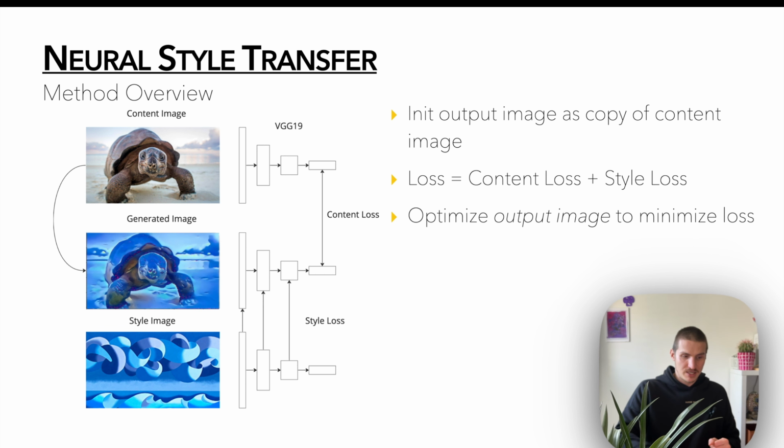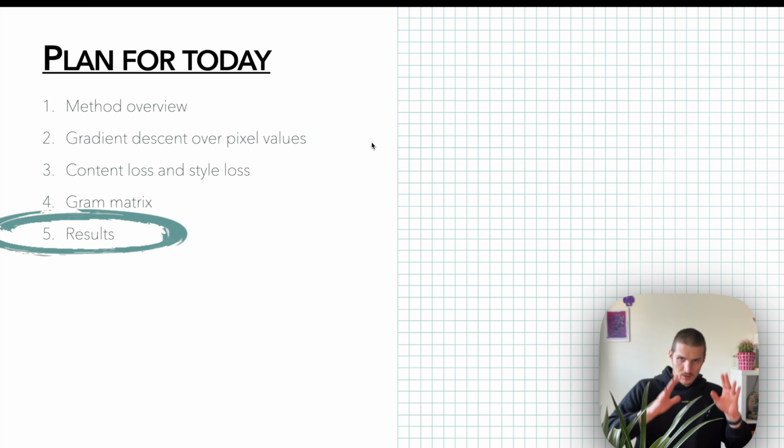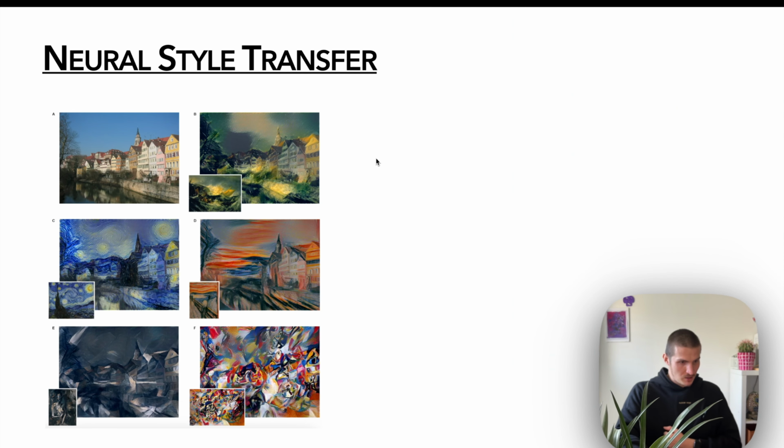And so after a few iterations, we get a picture that still has roughly the same stuff in the same place as the content image, but with the style, the paintbrush, and the curves and waves applied from the style image. So I hope my explanation was clear enough and that it helped answer some questions. Now let's quickly go over results.